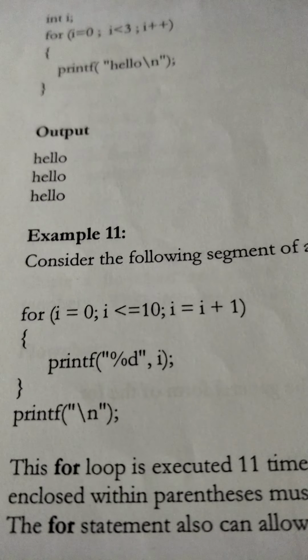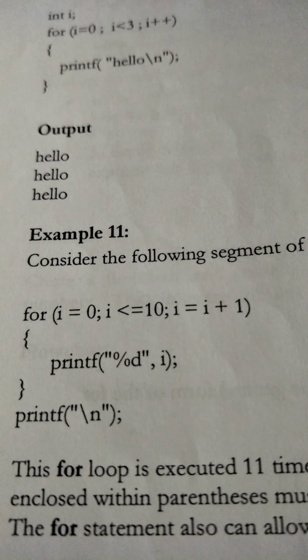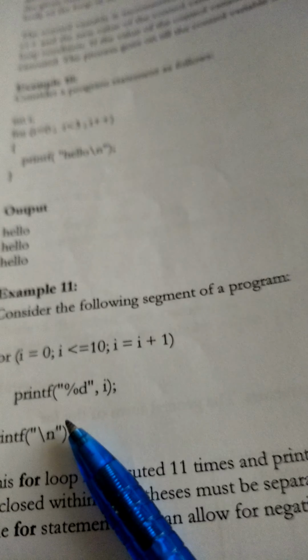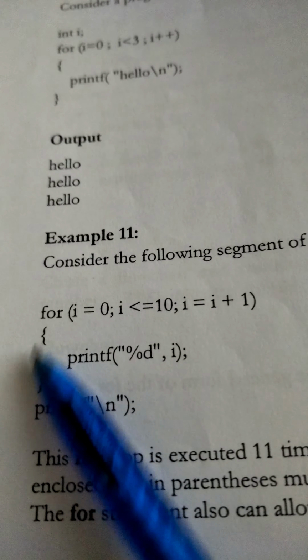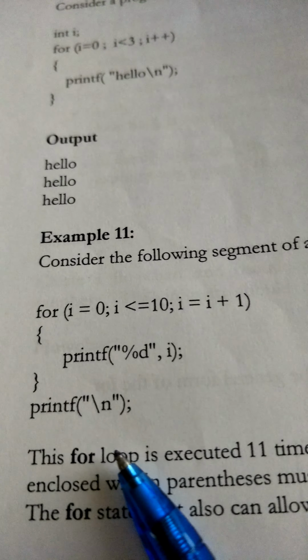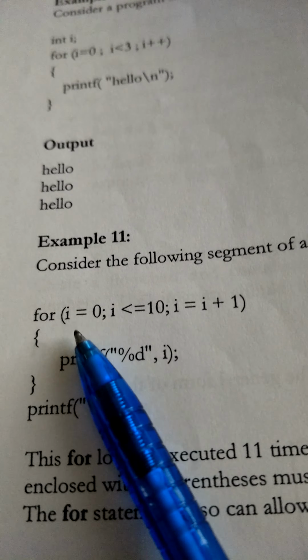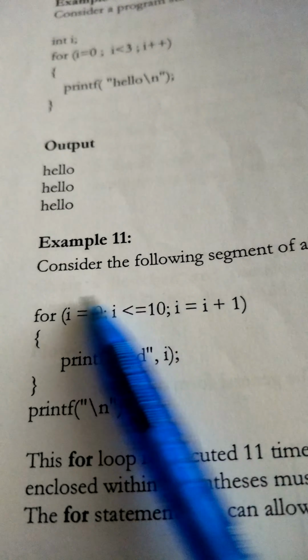Okay, another example is here. So what we do here is print I. Consider the following program segment. First, look at the general form of for.